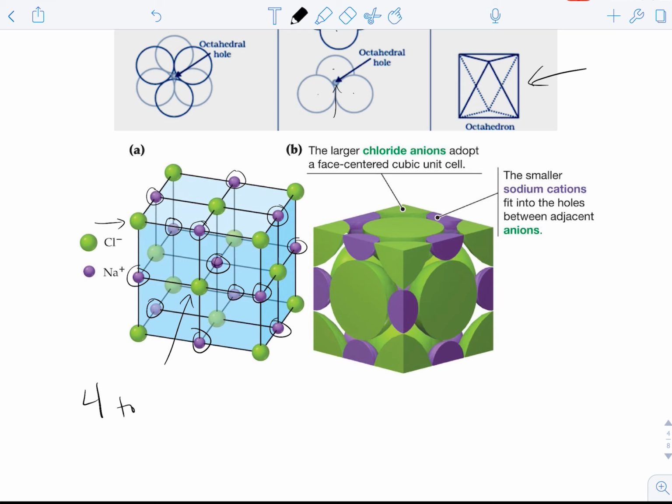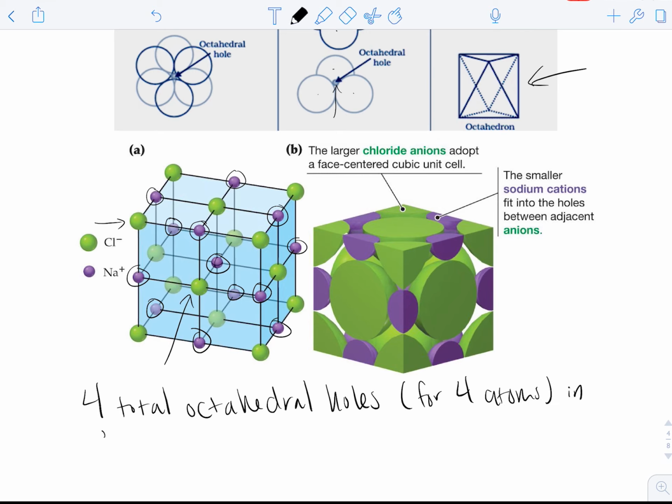So there are 4 total octahedral holes in a face-centered anion geometry. We can see the center one right here, that accounts for 1 atom, and then each of our edge pieces.